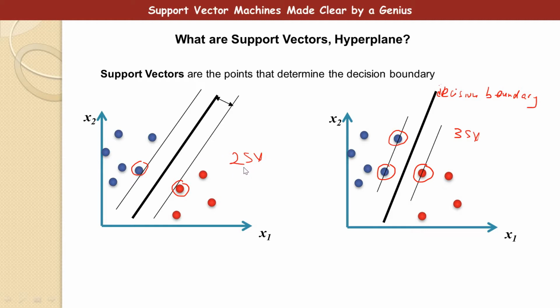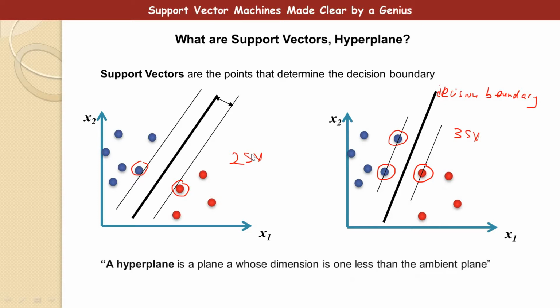Good. Because by the time we get deeper, you have to determine the decision boundary using the support vectors. What is a hyperplane? A hyperplane is a plane whose dimension is 1 less than the ambient plane. What does it mean? We are looking at this data in 2 dimensions, x1 and x2, and we are drawing 1-dimensional lines to help us get the decision boundary.